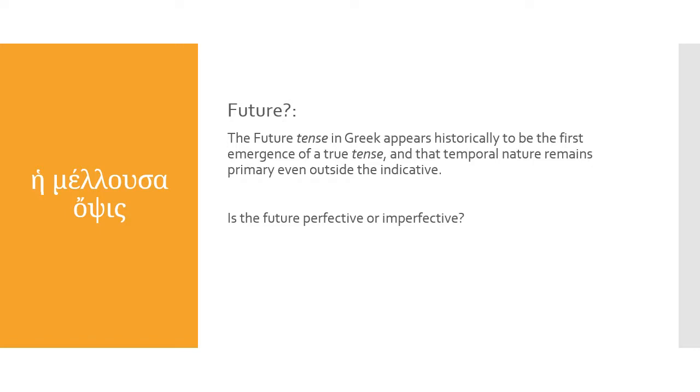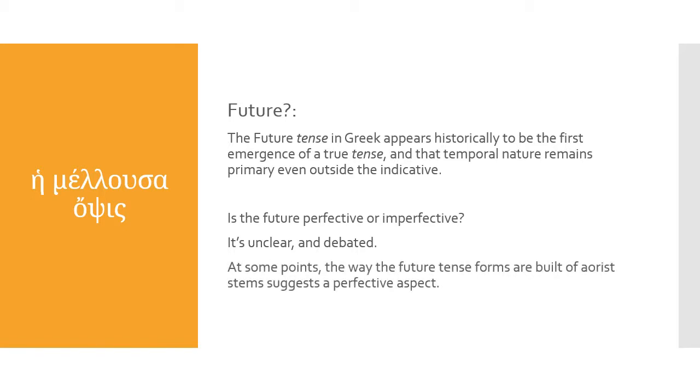Is the future perfective or imperfective though? Well, it's unclear and it's debated. Some people treat it as perfective, some people treat it as imperfective. At many points, the way the future tense forms are built off aorist stems suggests a perfective aspect. To me, this makes the most sense of what's going on in the morphology, in the forms of the language.